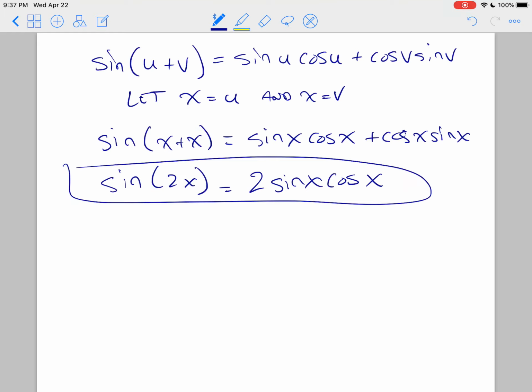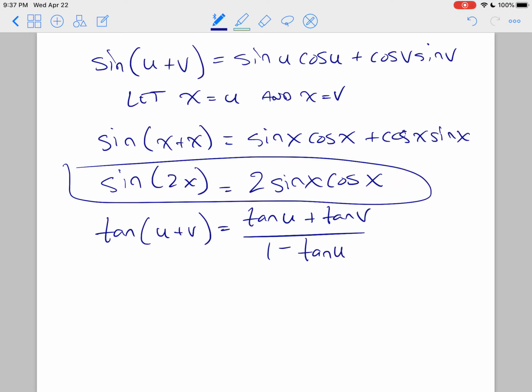Let's do tangent next. We're going to do the same thing. For tan of u plus v, we normally get tan u plus tan v over 1 minus tan u tan v.